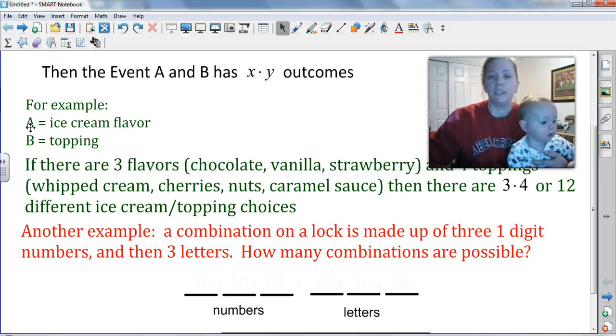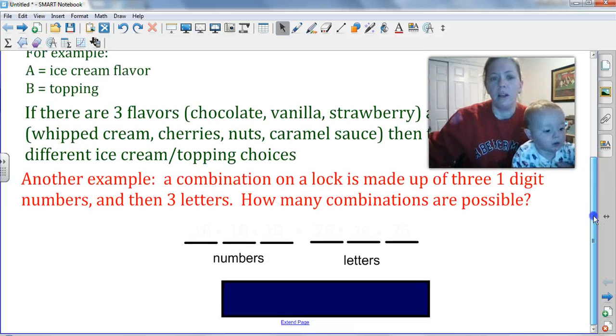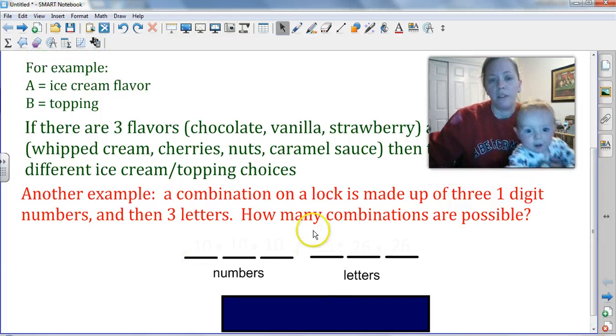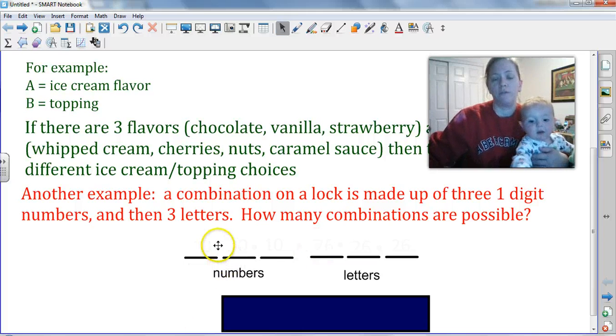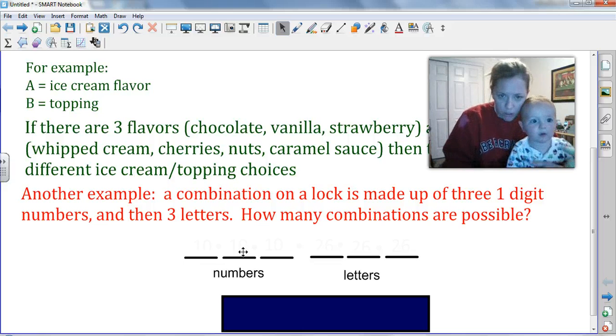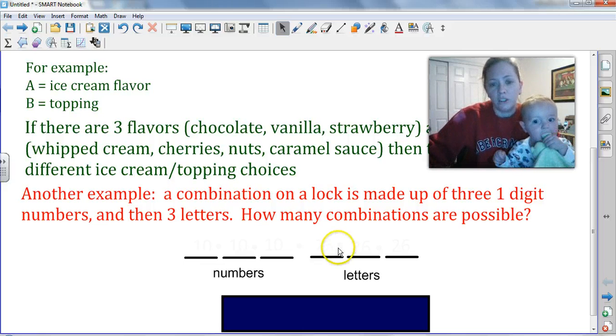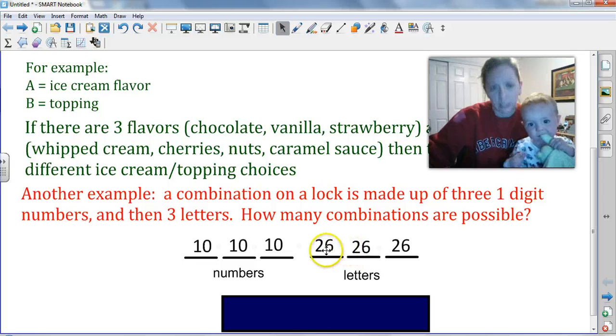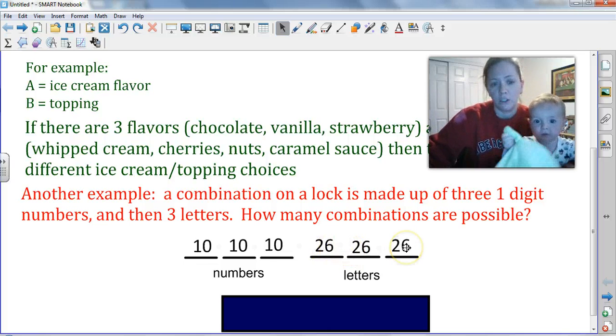Okay, another example. Let's say we're looking at a lock combination, and it's made up of 3 one-digit numbers and then 3 letters. So how many different combinations are going to be possible? Well, there's 10 possibilities for the first number, 10 for the second number, 10 for the third number. And then for the letters, there's 26 possibilities for each one of the letters.